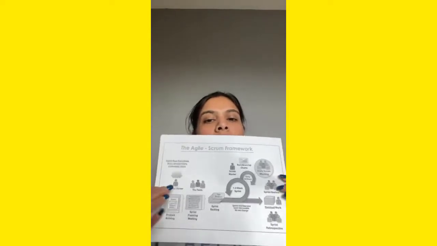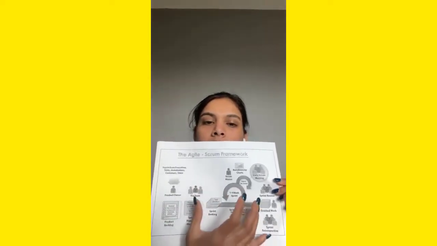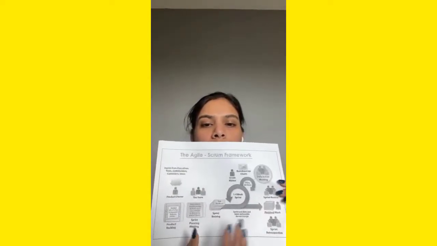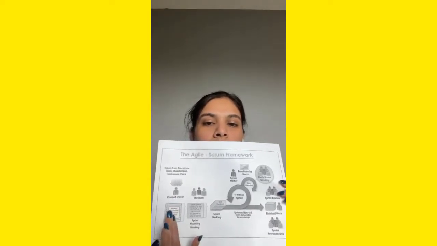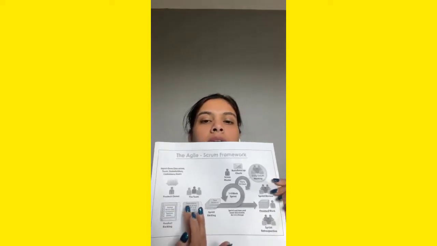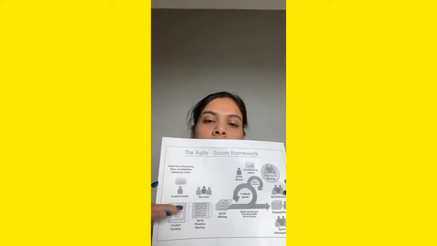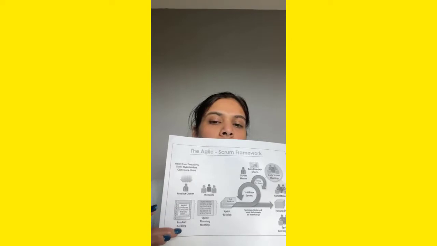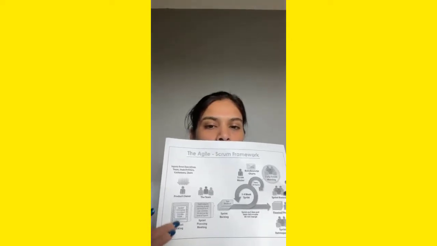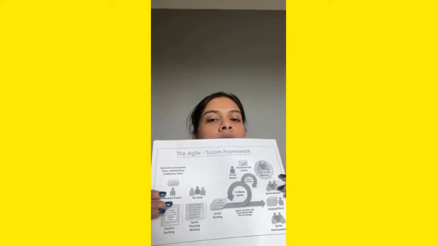So this is one sprint. Once one sprint is done, the product owner again releases the product backlog, and then the work is carried out. The priority of work goes from high to last, with the additional add-ons in the product backlog. So this is all about the sprint process flow.